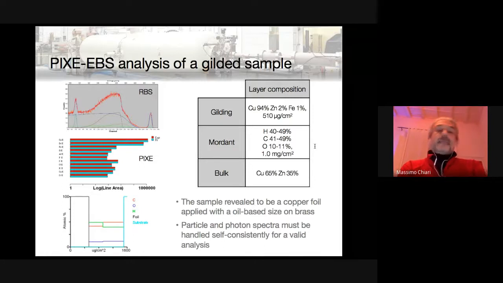By combining PIXE and RBS, it was indeed possible to determine the composition of the different layers and to distinguish copper and zinc coming from the top foil, the gilding foil, and from the bulk. If you had done just PIXE, you could not distinguish the two. You could also say that there was no gold, but you could not determine how the sample was manufactured.